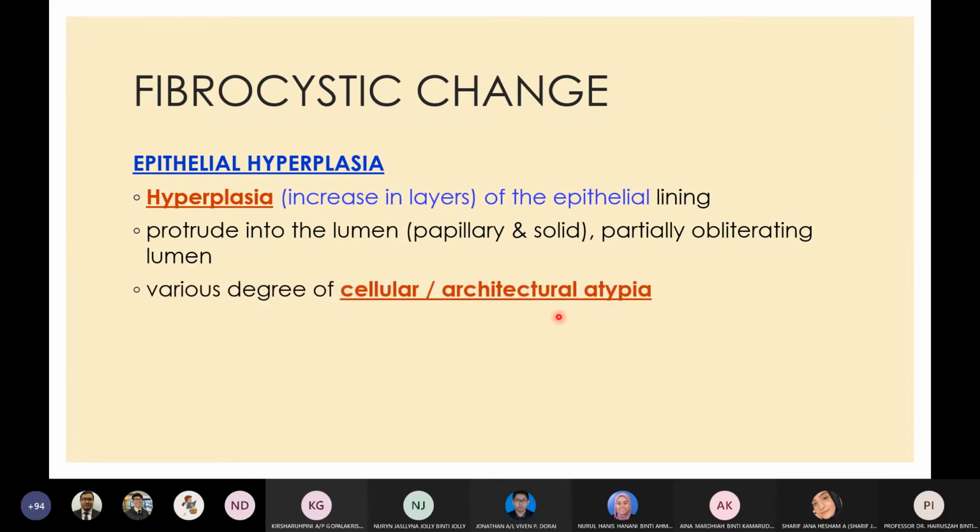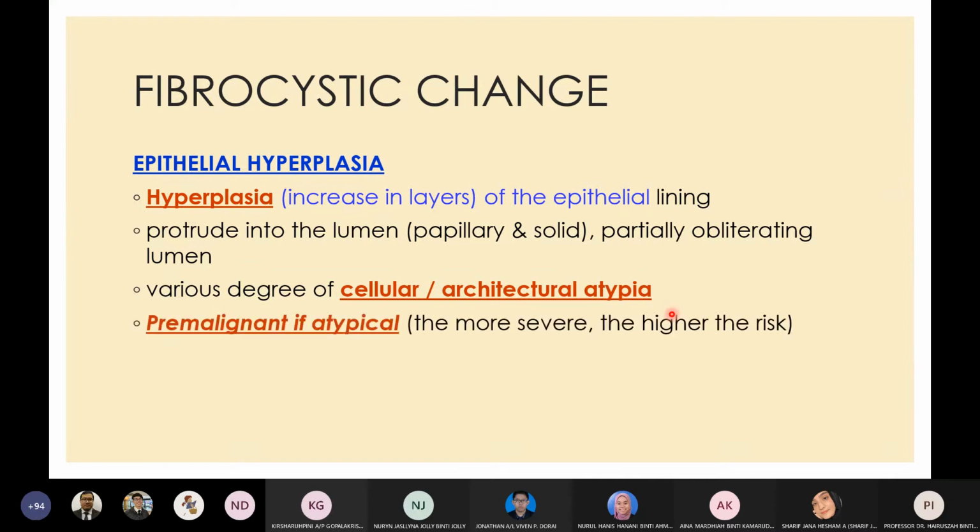So what is appreciated by the pathologist in the lab and reported to the clinician treating the patient is: what is the hyperplasia like? What do these cells look like? Is there atypical abnormality in terms of the cell appearance or the architecture of the glands present in this lesion?